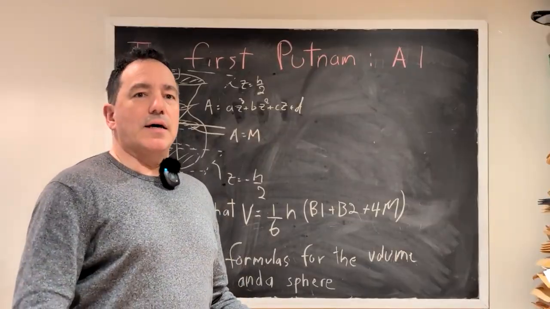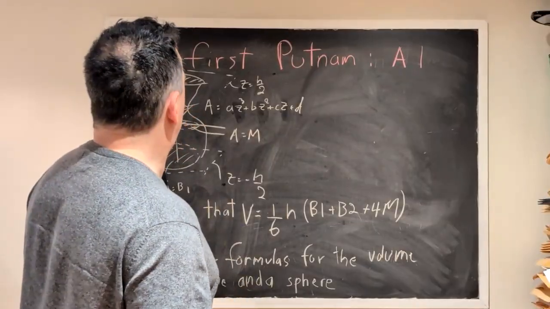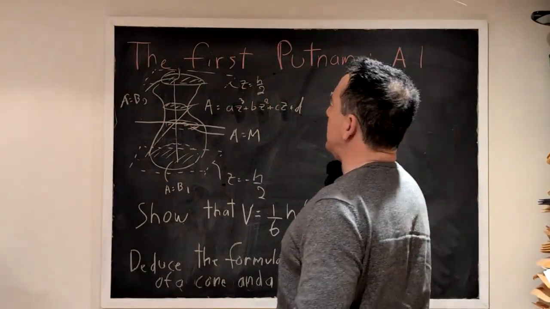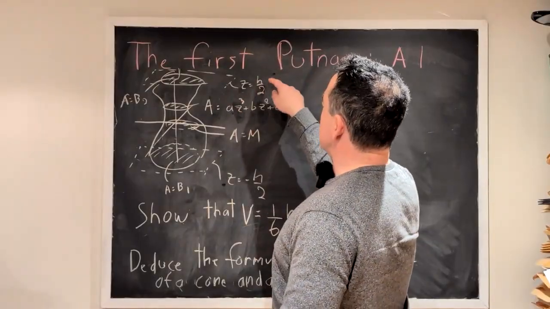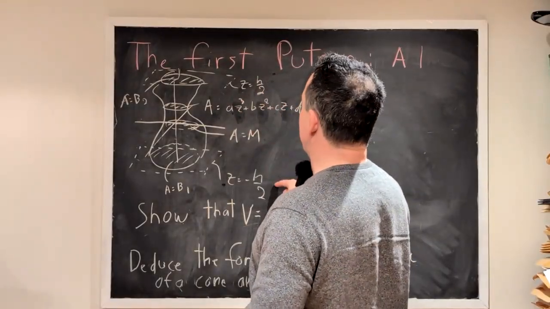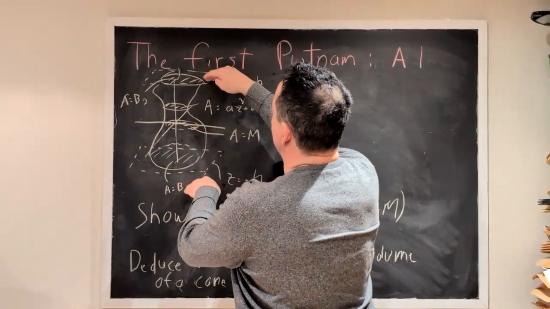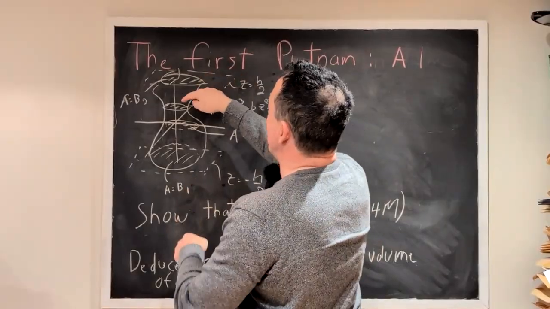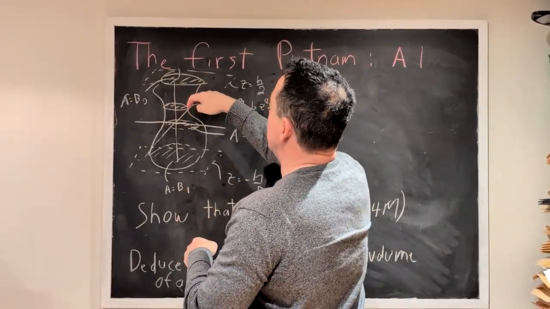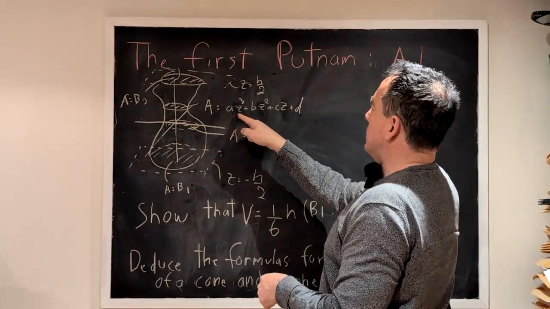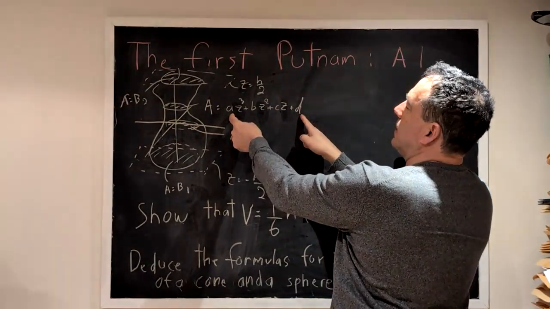The idea here is that we have some volume in space, and it's bound between two planes, z equals h over 2 and z equals minus h over 2. And the volume has a very specific characteristic in that the area of any cross-section parallel to the xy plane is given by a third-degree polynomial in z.